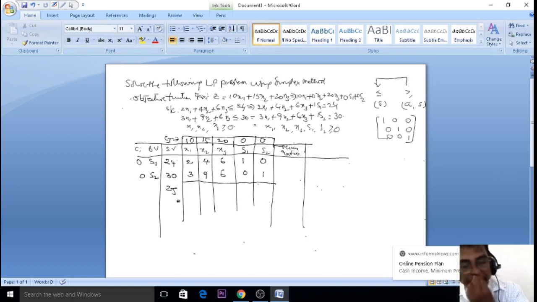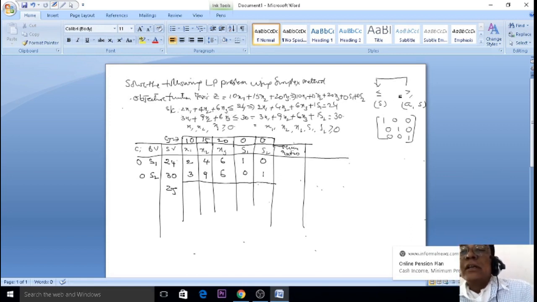Again I'll repeat once more. The question is given like this: maximize z is equal to 10x1 and so on, subject to constraints. The first step is to convert inequality equations to equal equations. The equations are given as less than or equal to, so we have to introduce slack variables.